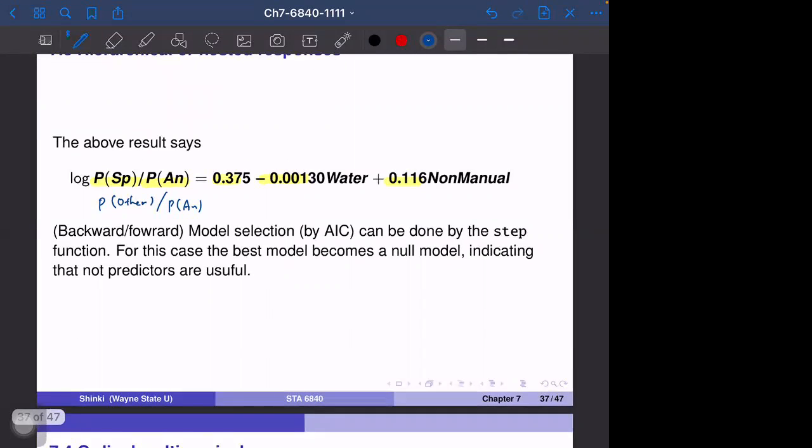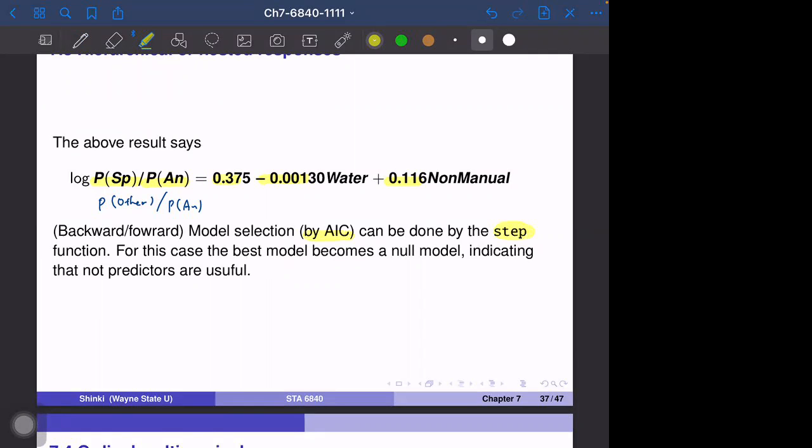Yeah, and we can use the step function. Still, it's the same as linear regression: the step function does model selection by backward deletion or forward selection by the AIC criterion, because these models can calculate the likelihood, so AIC. So we can compare.